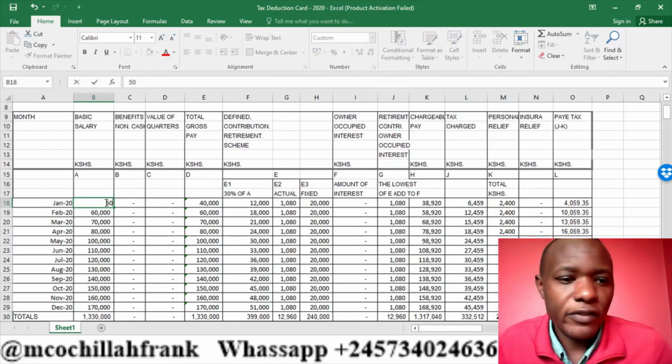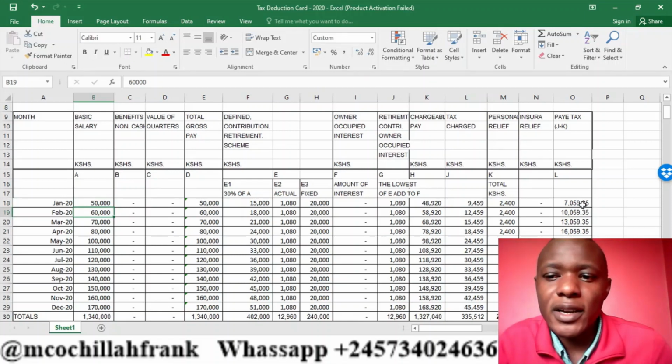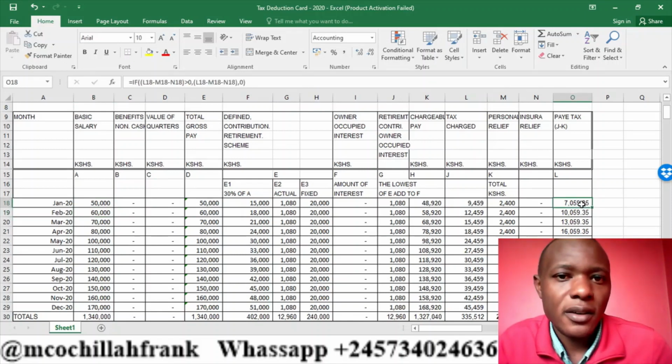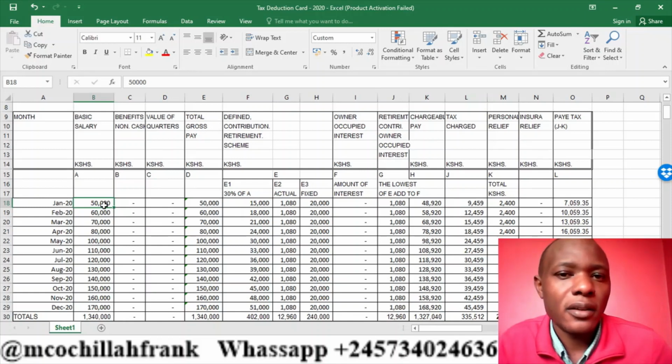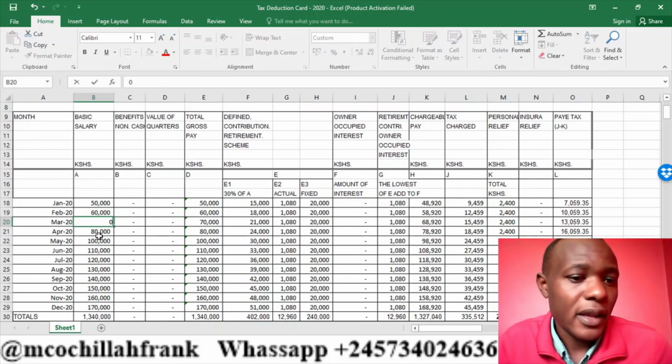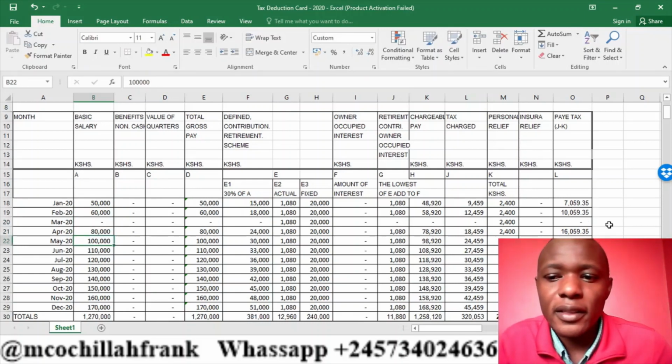So if I change this to 50,000, you will realize that my sheet automatically changes. Understand? So here you will just enter the amount that you are paid during that month. If you did not work during that month, leave it blank, and you will see that the sheet gives you 0 pay, so no tax liability.